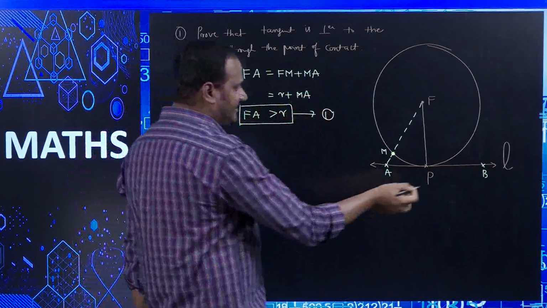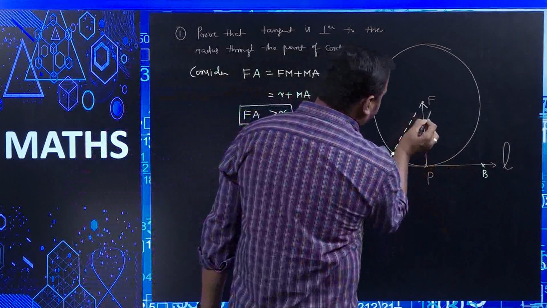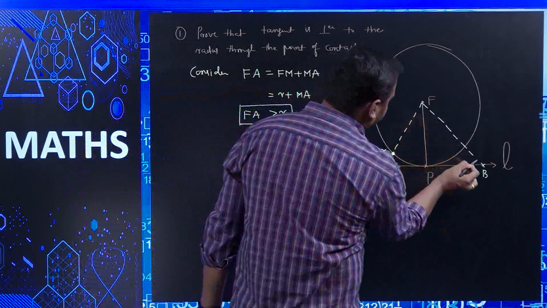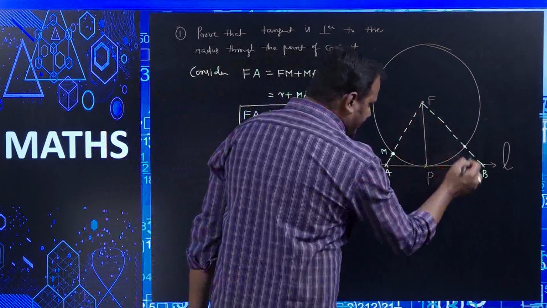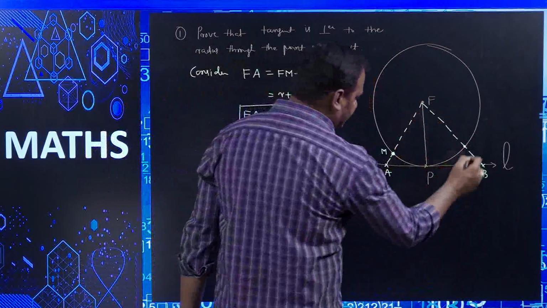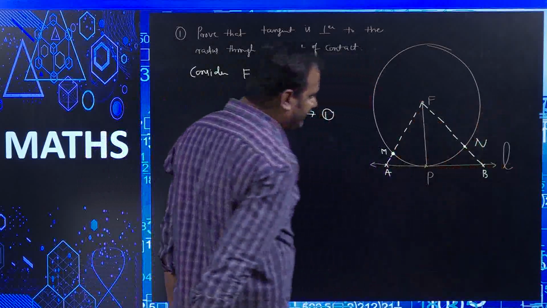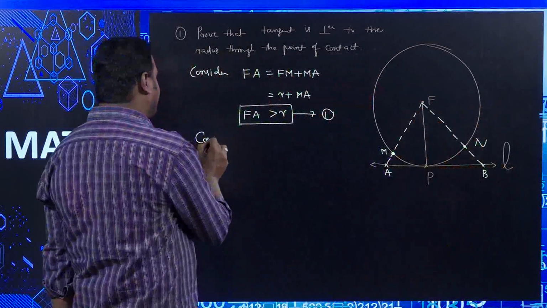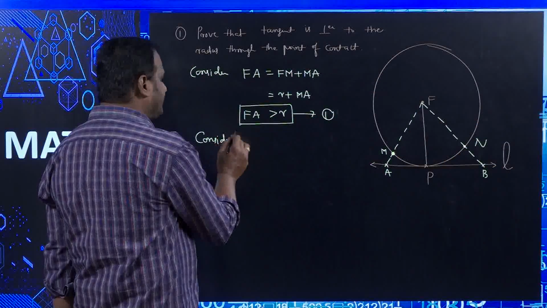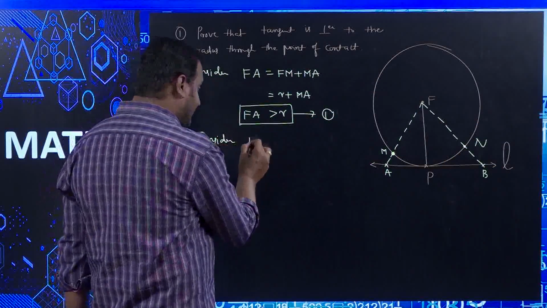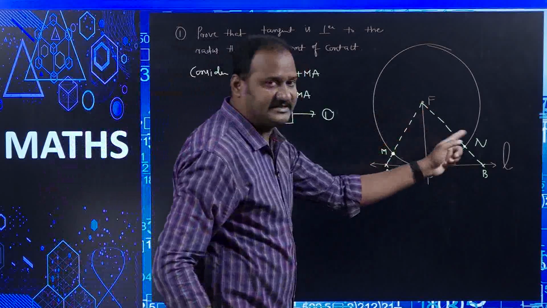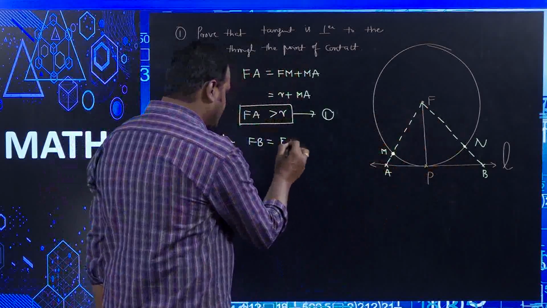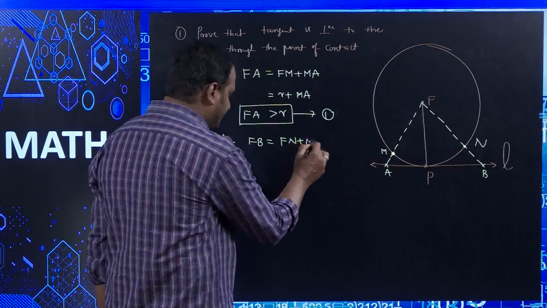Now let me take the point B and join F and B. After joining F and B, you can identify one point which intersects the circle, let it be N. Now I am going to consider another line, FB. I can write FB as FN plus NB.